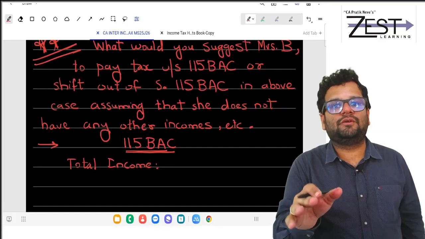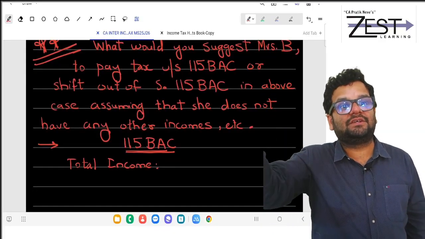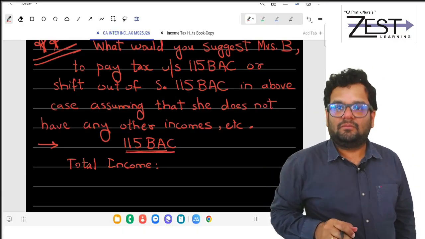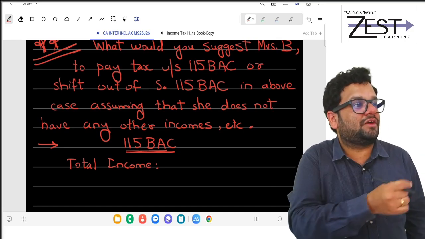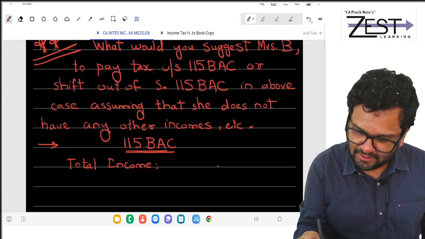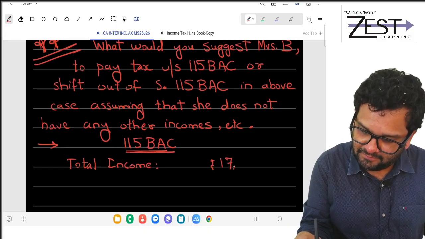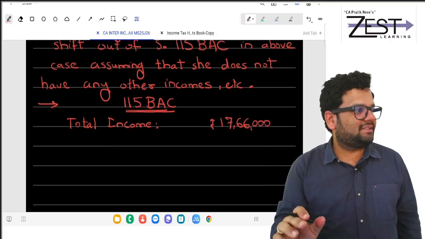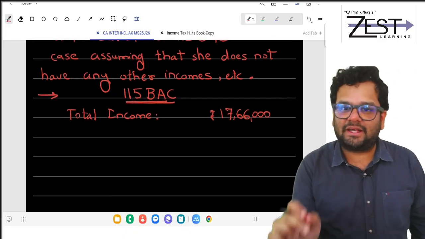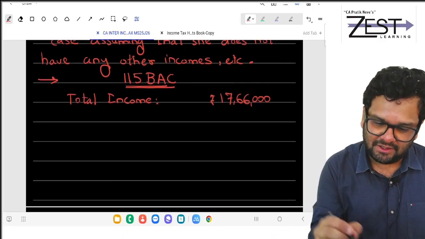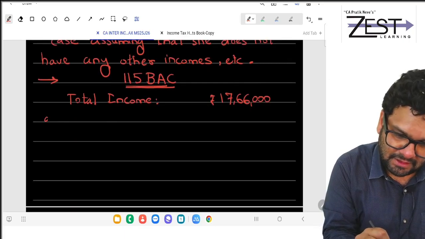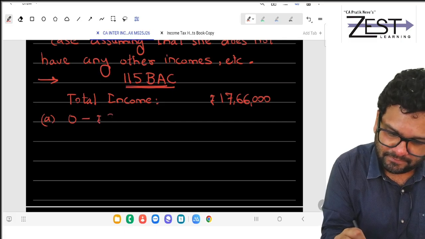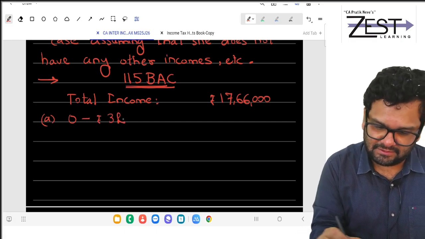So when not given, what will you do? Don't assume that resident senior or resident super. Practically, you should do that. Please tell me what is income in 115BAC. 17 lakh 66,000. On 17 lakh 66,000, let's calculate as per 115BAC. How will you do that? 0 to 3 lakhs.